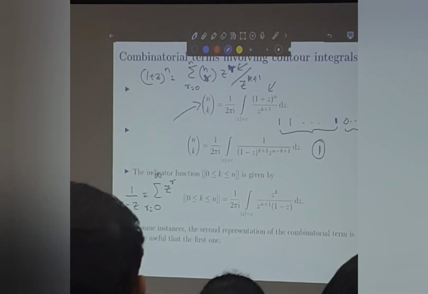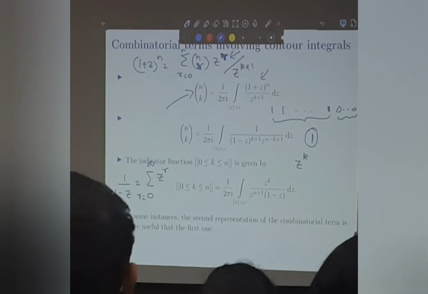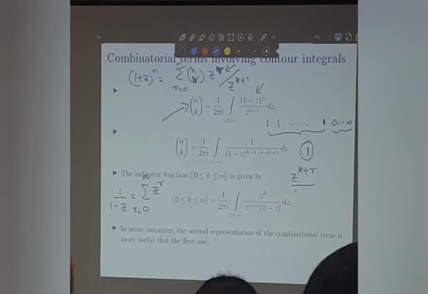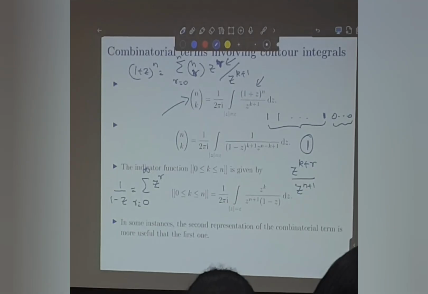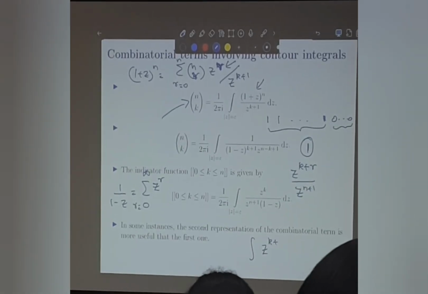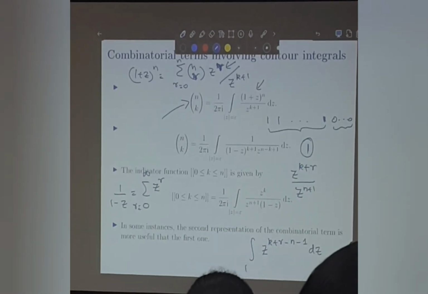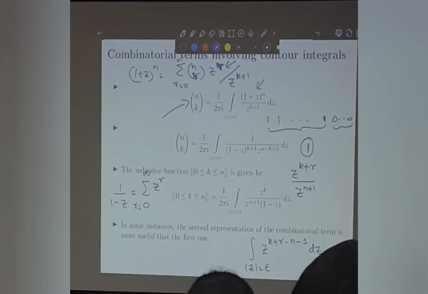This is the geometric series, right? So now let's just consider. So what we have is k plus r by z to the n plus 1. Or in other words, this is going to be the integral of z to the k plus r minus n minus 1 dz, mod z equal to epsilon.